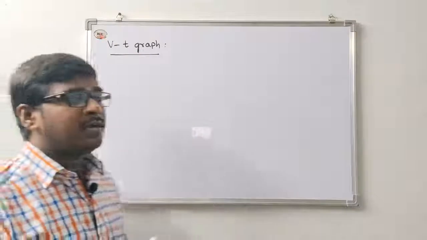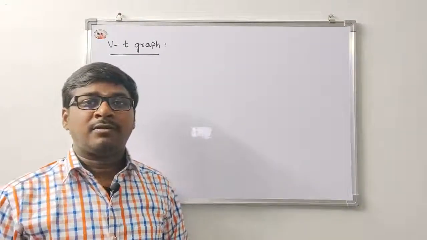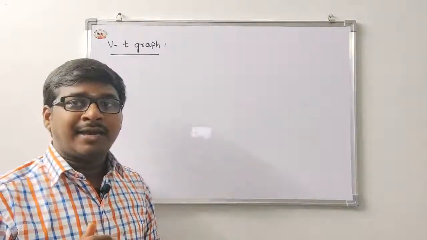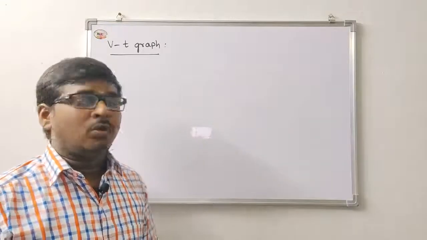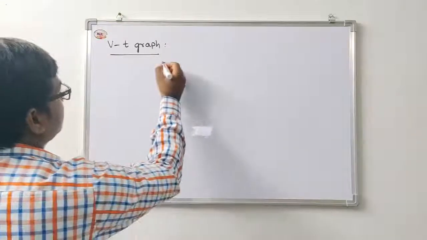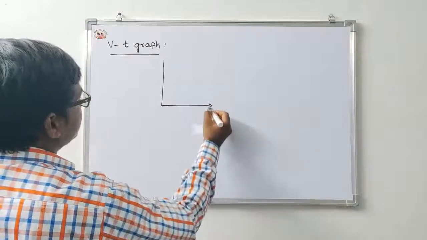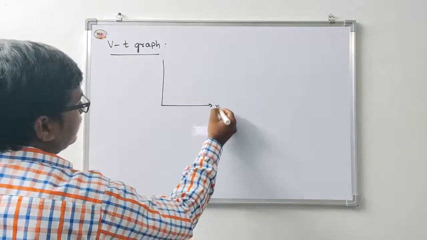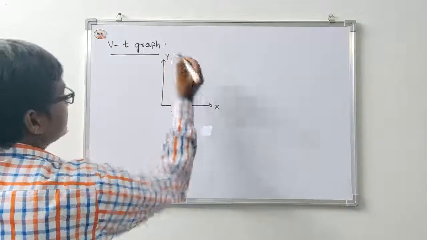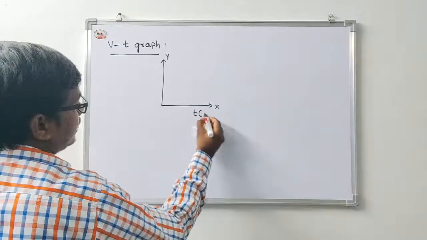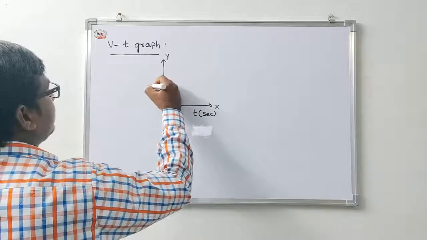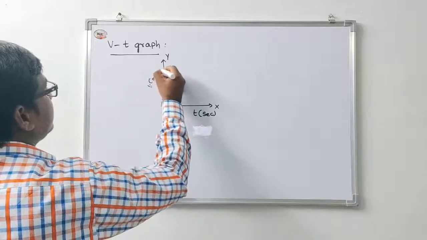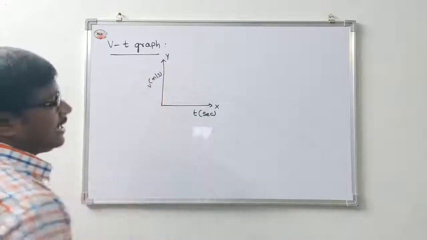The independent variable, time, acts along the x-axis, and the dependent variable acts along the y-axis. So in this way, students, this is the x-axis and the y-axis, with time on the x-axis and velocity in meters per second on the y-axis.